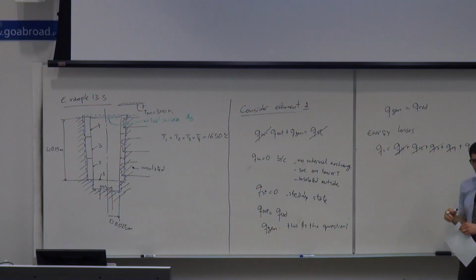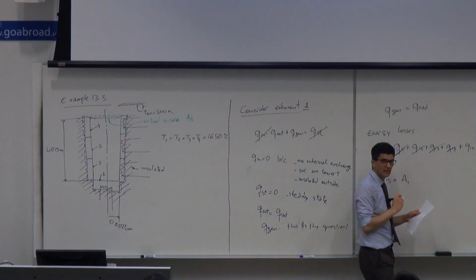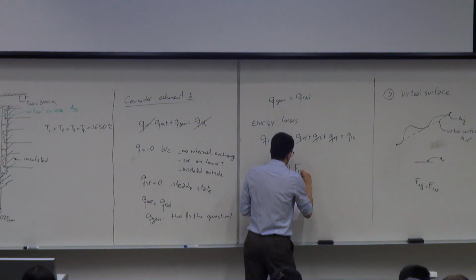Now, again, we're being methodical so we can tackle difficult problems. In the end, Q1 is Q15, right? And how do we do Q15? All right, Q15 is A1 times F15.